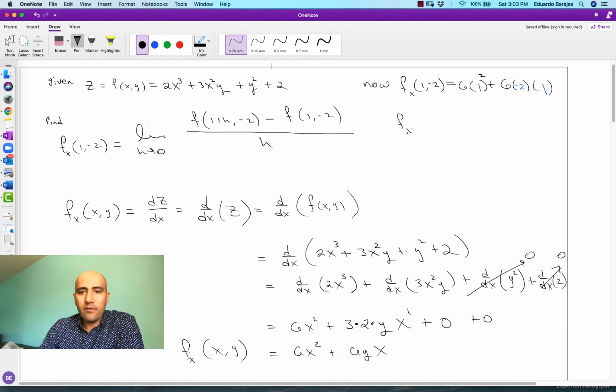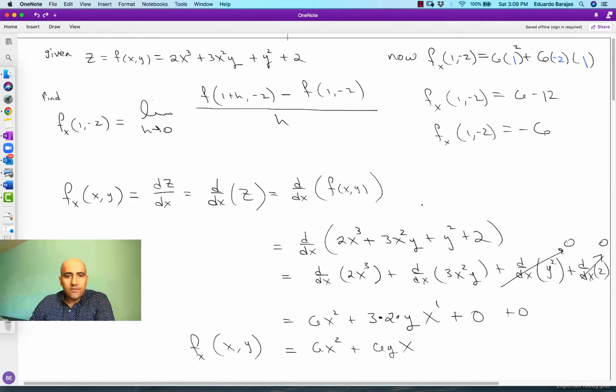So f sub x of 1 comma negative 2 is equal to 6 minus 12, or f sub x at 1 comma negative 2 equals negative 6.